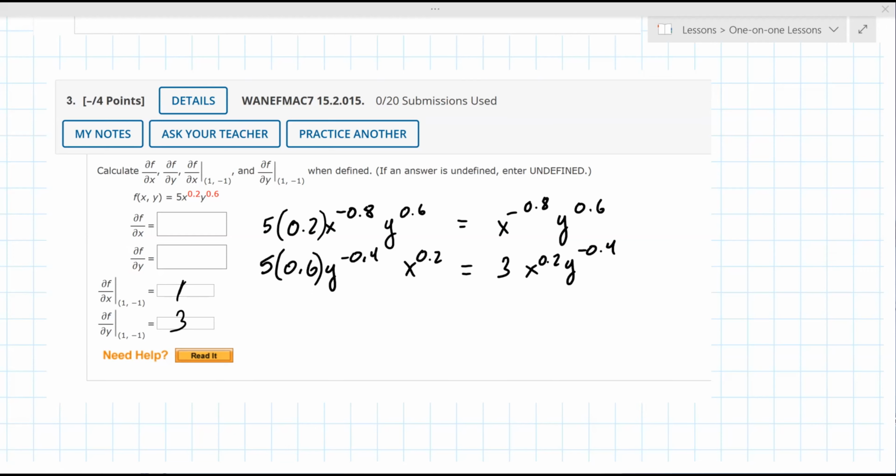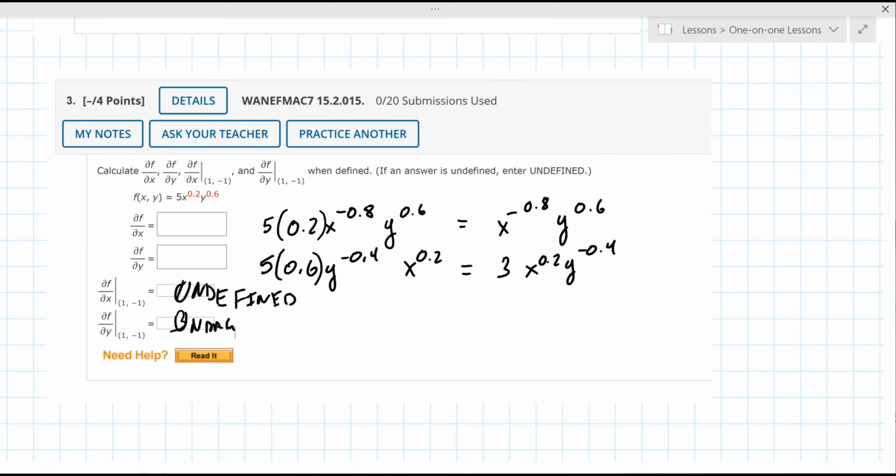Minus 0.4. Yep, they're both undefined. So your calculator would return an error if you tried to do that. And that's how you would know. If you were to get this exact same problem on the exam, it would also be undefined. So you can have that there, undefined.